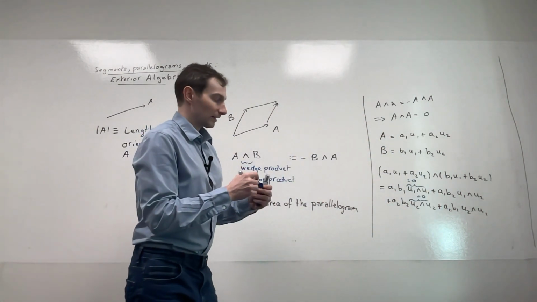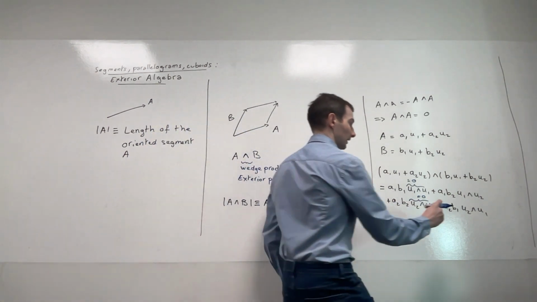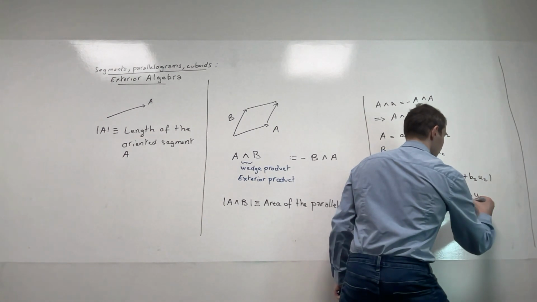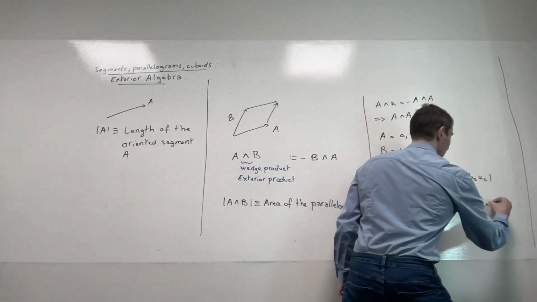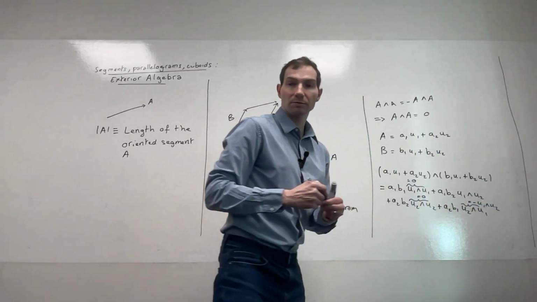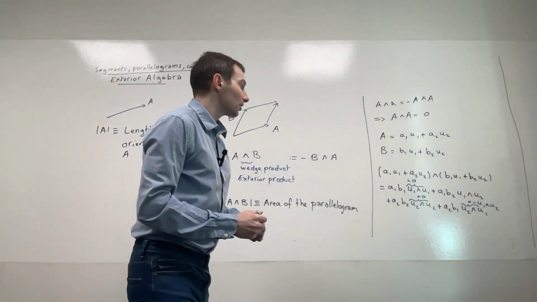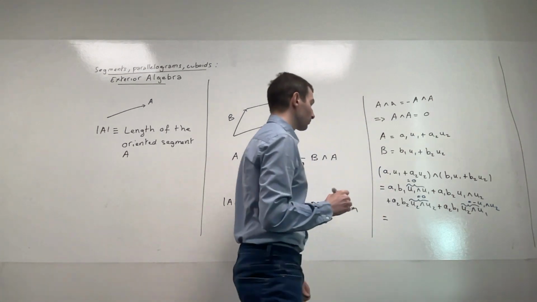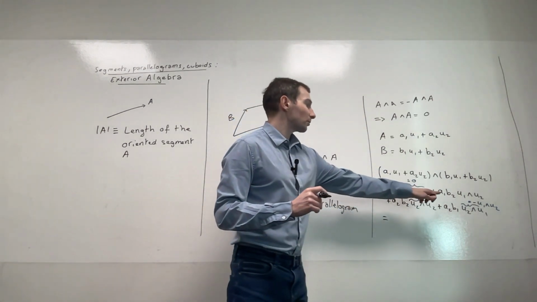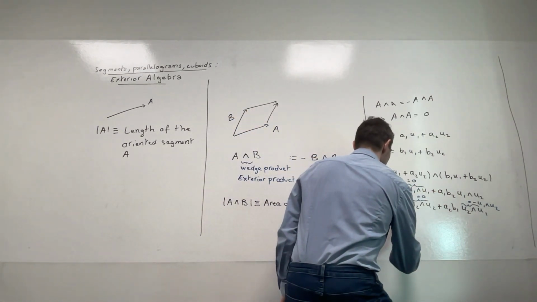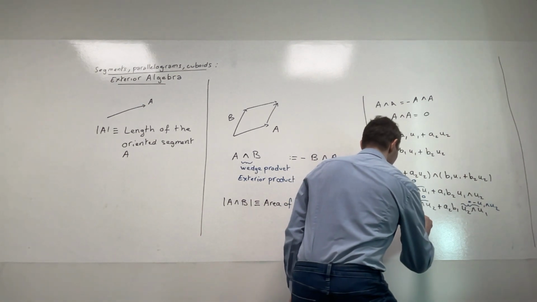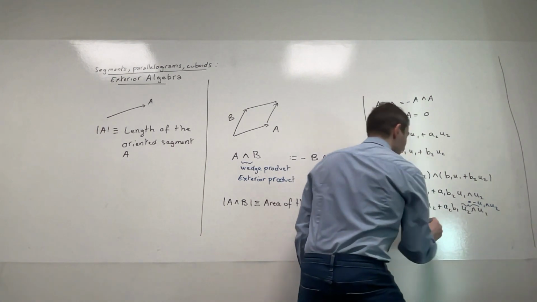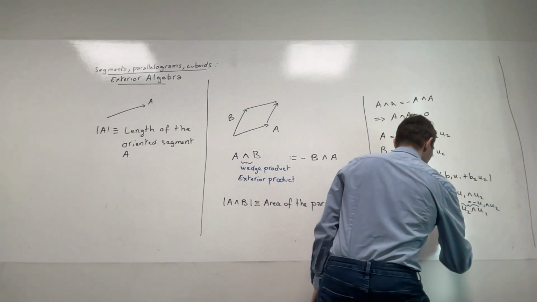And remember as well that U2 U1 is equal to minus U1 U2, by definition. So in the end, what we end up with is the following: A1 B2 minus A2 B1 and then U1 U2.